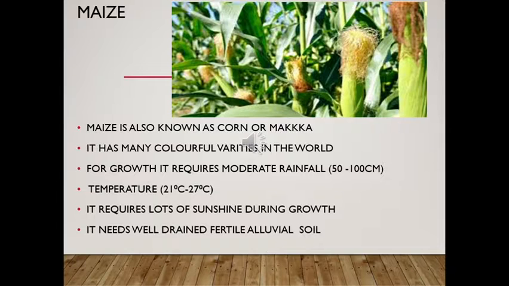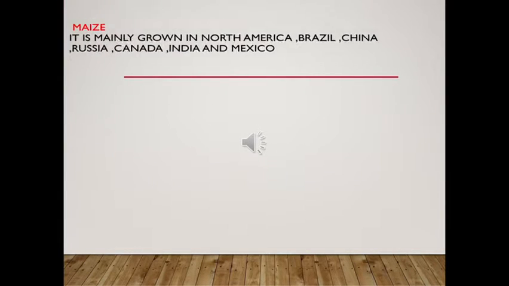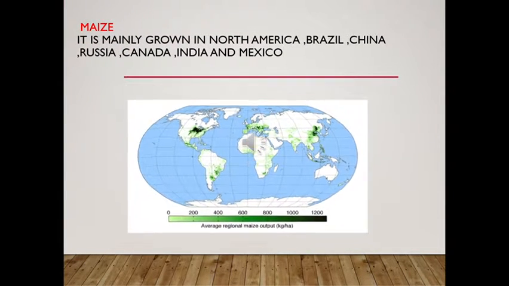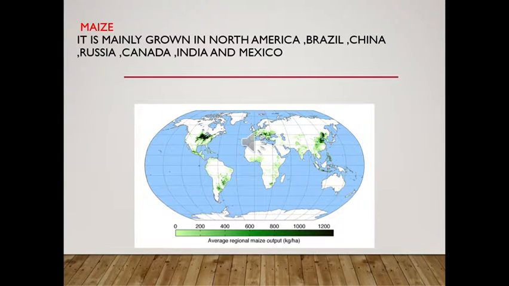It requires lot of sunshine during growth. It needs well-drained, fertile alluvial soil. It is mainly grown in North America, Brazil, China, Russia, Canada, India and Mexico.